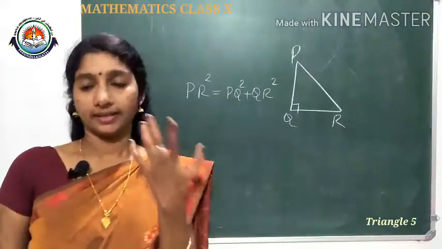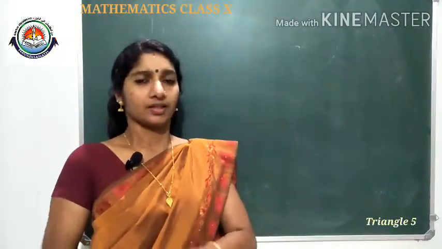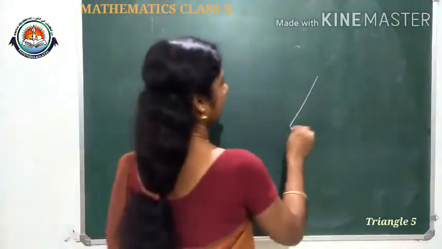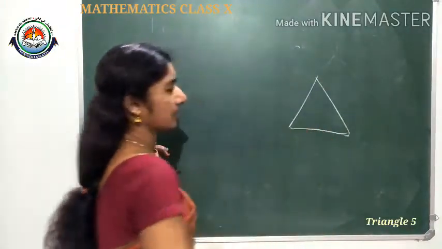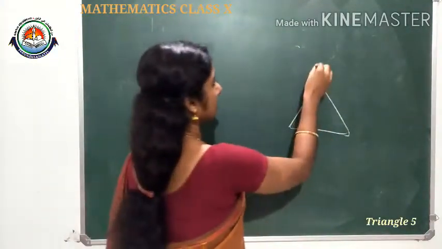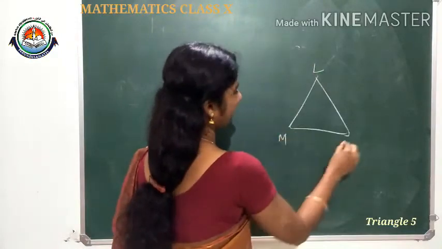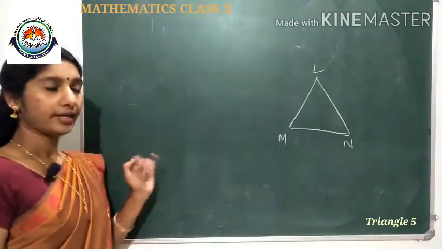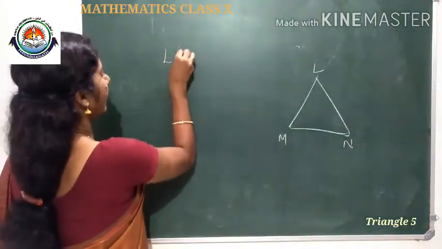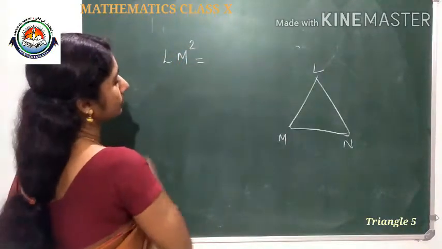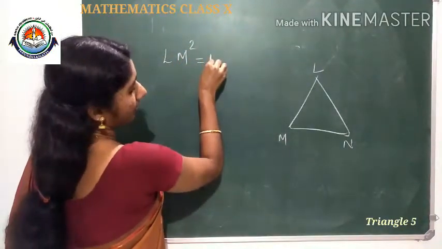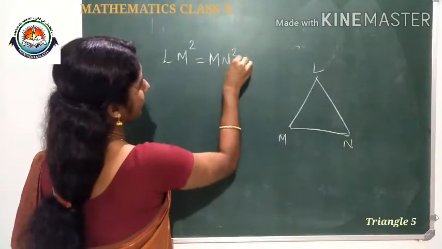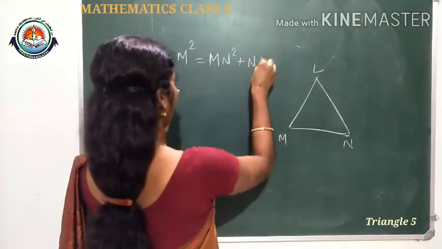Okay. Then we have a triangle, suppose it is LMN. It is given that LM square is equal to MN square plus NL square.